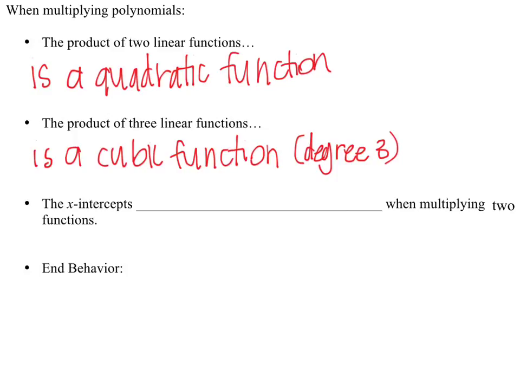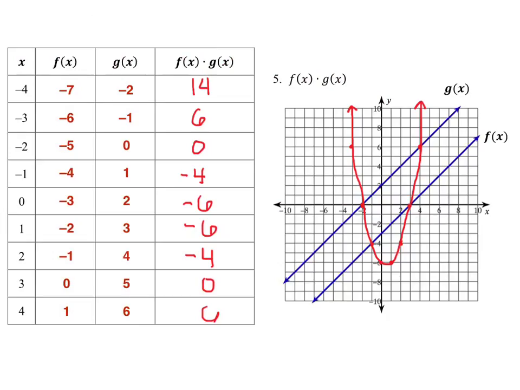Another thing we hopefully noticed was with the x-intercepts. The x-intercepts on my original graphs are at the same points as the x-intercepts on my new graphs when I'm multiplying. So I'm going to say the x-intercepts stay the same when multiplying functions. And then for the end behavior, on number 5, both of my ends went up.